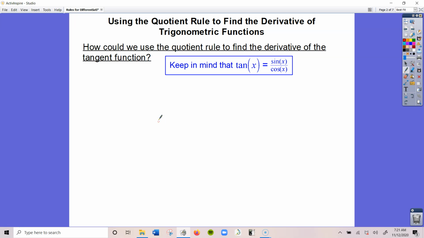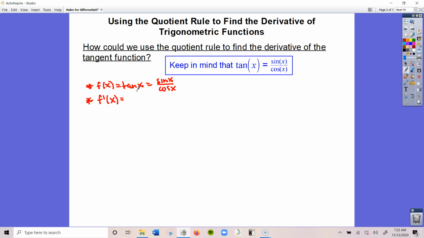So we have to keep in mind that tangent of x is sine of x over cosine of x if I want to find this derivative, which is, as you can see, a quotient. So I'm going to say that f of x is equal to tangent x. So I'm trying to find f prime of x, remembering that tangent of x is sine over cosine.